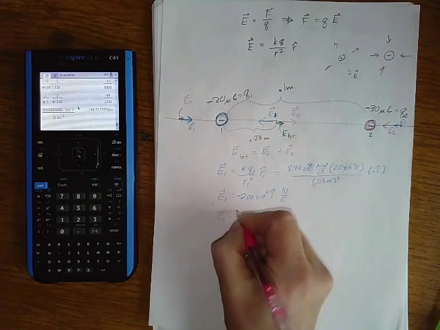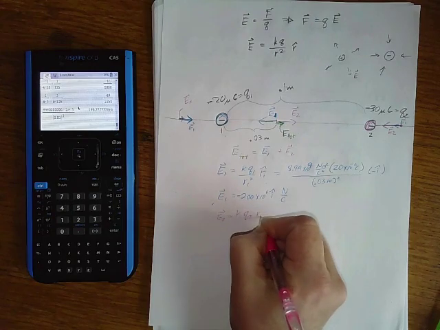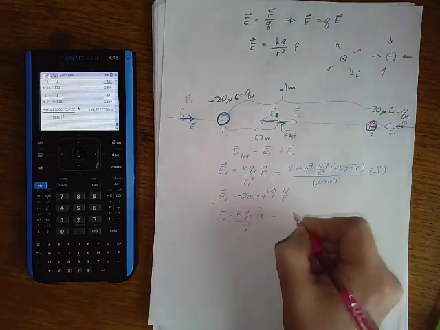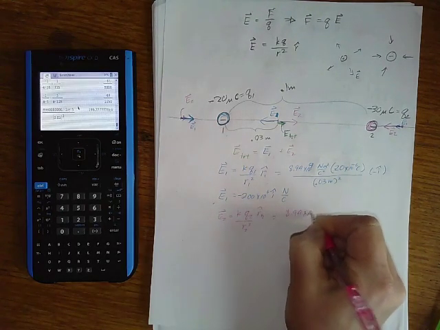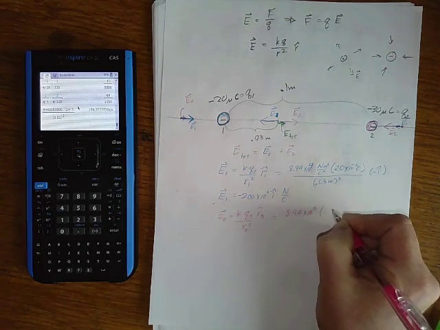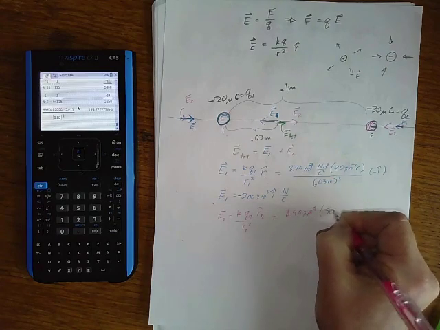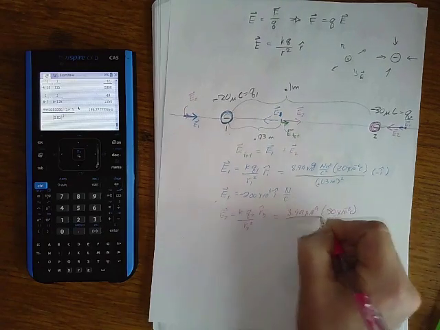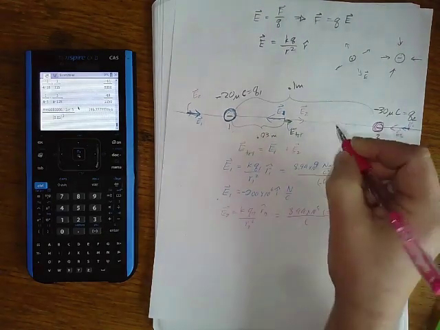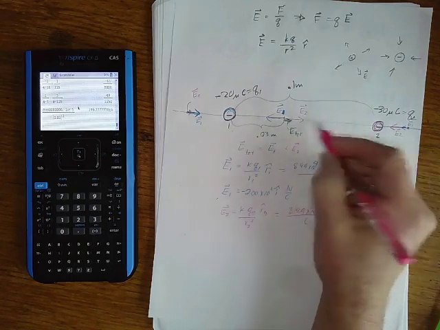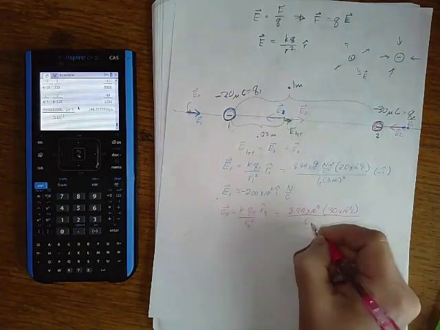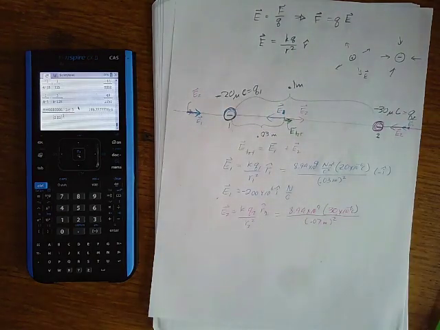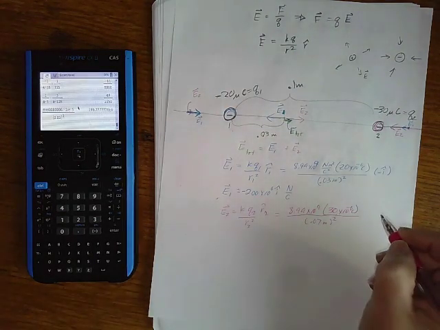Same formula in general, k Q2 R2 hat over R2 squared. 8.99 times 10 to the 9th, same units on everything here. This one though is 30 microcoulombs, 30 times 10 to the negative 6, and then dividing by, if this distance is 0.03, this distance must be 0.07, right, because the whole thing was 0.1 meters.